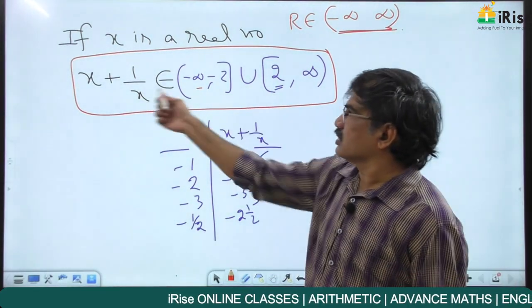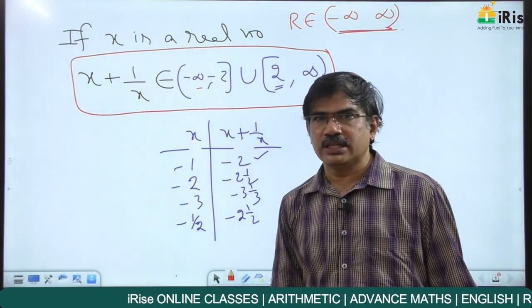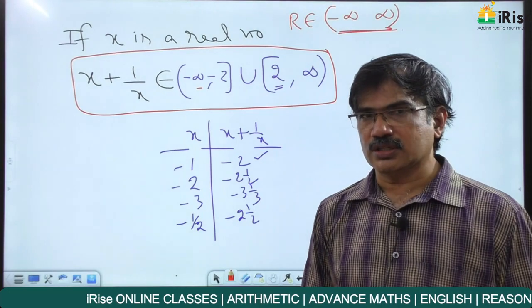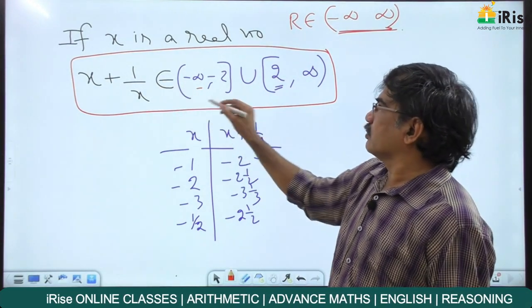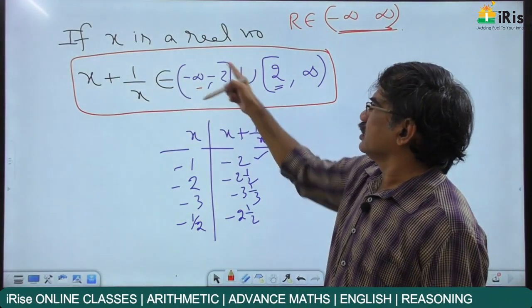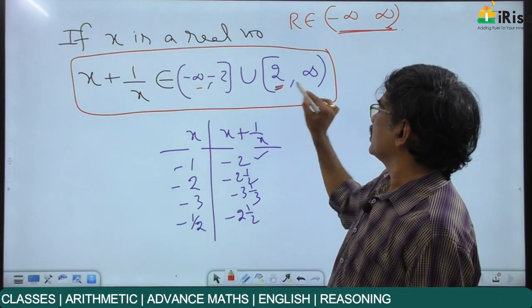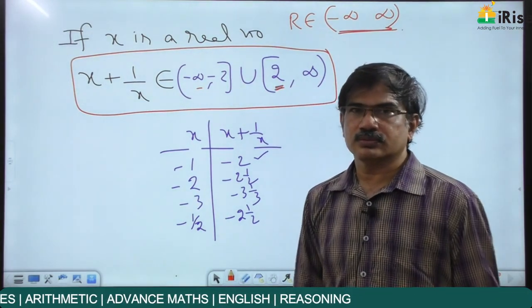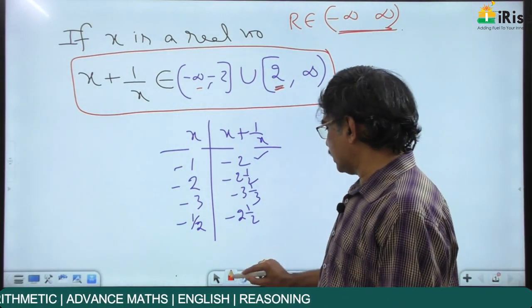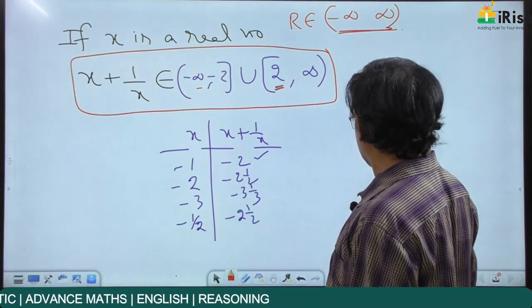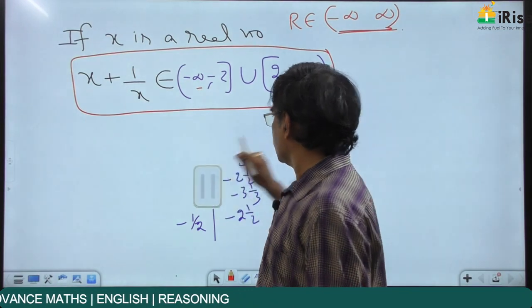Actually this concept is also useful in quadratic equations. For x plus 1 by x, when x is negative the maximum is minus 2, and when x is positive the minimum is plus 2. So from this I want to write 3 important conclusions.